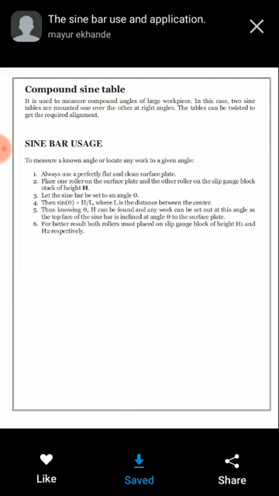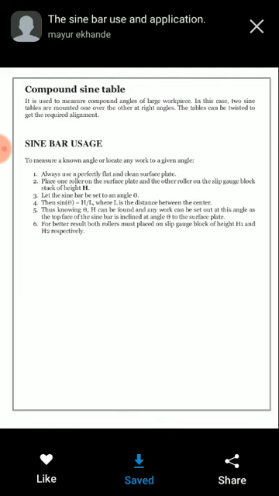Now we will discuss the sine bar uses: to measure a known angle or locate any work to a given angle. Always use a perfectly flat and clean surface plate. Place one roller on the surface plate and the other roller on the slip gauge block stack of height h. Let the sine bar be set to an angle theta.